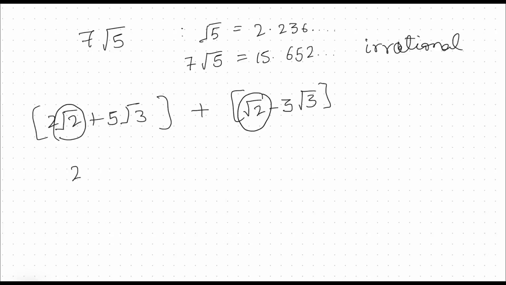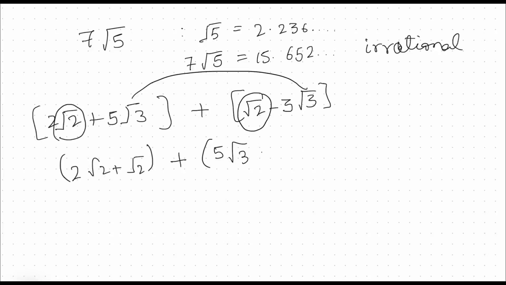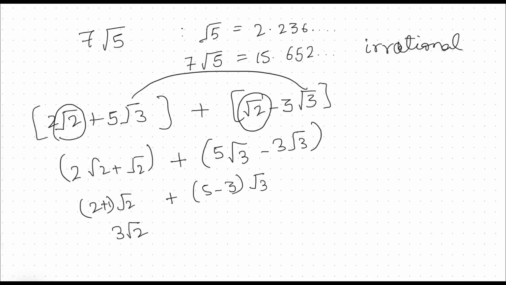So you have 2 root 2 plus root 2 in one bracket, plus the root 3 terms together. You'll get 2 plus 1 root 2 plus 5 minus 3 root 3, thereby 3 root 2 plus 2 root 3. Further on, we could convert it into a decimal format, but for this instance, we will move forward.